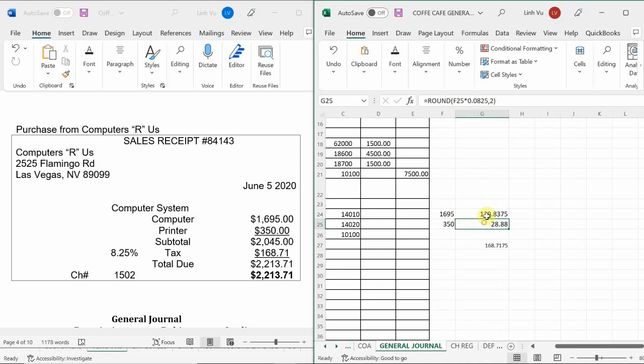So you got 139.8375, and then you're going to get 28.875. Now, in this case, yes, it's true, you need to increase them by what they are.